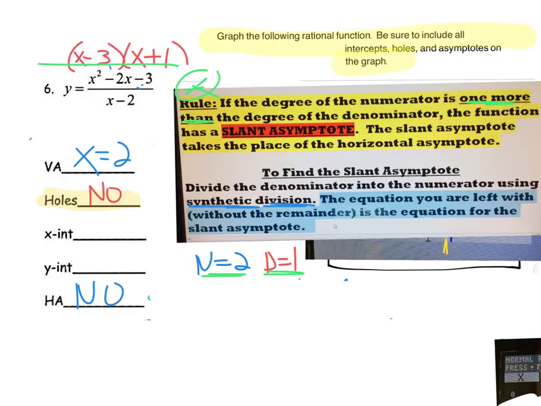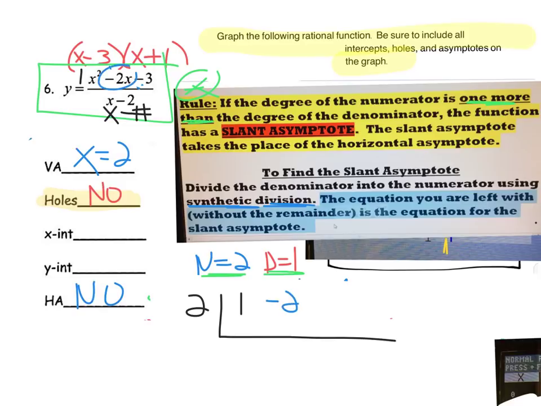We're going to take our rational function and divide our denominator into the numerator using synthetic division. Here, since our denominator is x minus 2, I'm going to be putting a positive 2 on the outside. And on the inside, I'm going to have 1 for x squared, negative 2 for x, and then negative 3 for our constant.